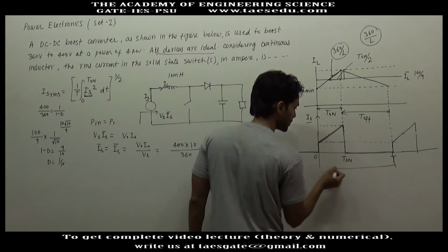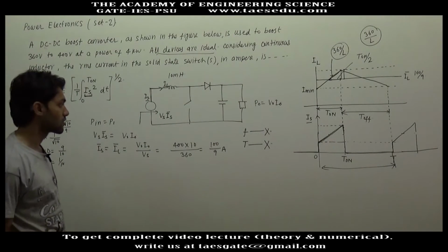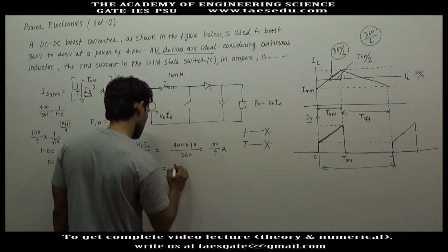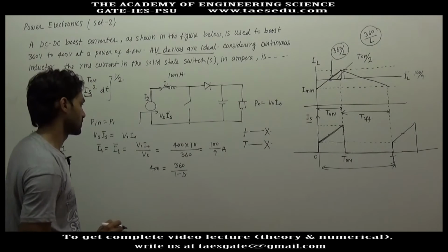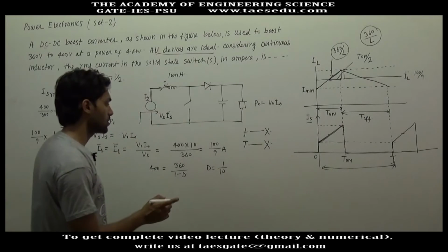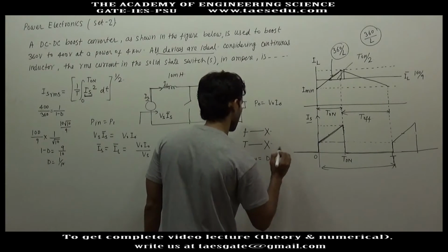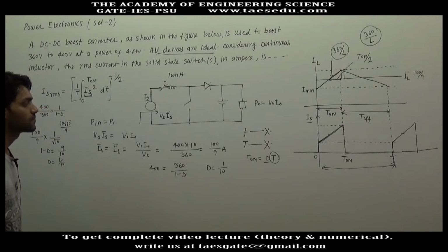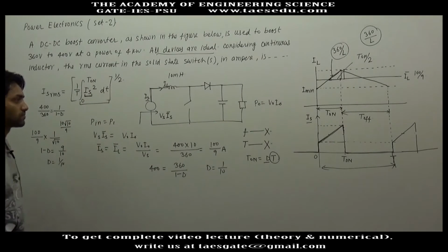Obviously input and output voltages are given, so you can calculate the duty cycle. The output voltage 400 volt is equal to 360 divided by 1 minus D, so D is 1 by 10. T on is equal to D into T. The duty cycle is given, but the total time is not, so you cannot calculate T on, and this expression cannot be calculated.